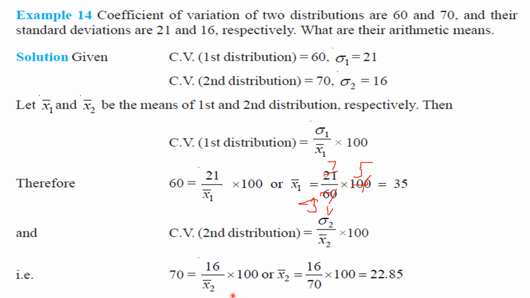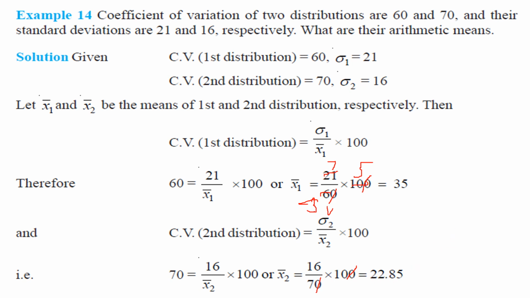From this equation, let us find x2 bar. So x2 bar is equal to 16 by 70 into 100. Now let us simplify these numbers. Here 0, 0 gets cancelled. Okay, my children. Then what will you get? 16 by 7, 16 by 7, into 10. That is 160 by 7.